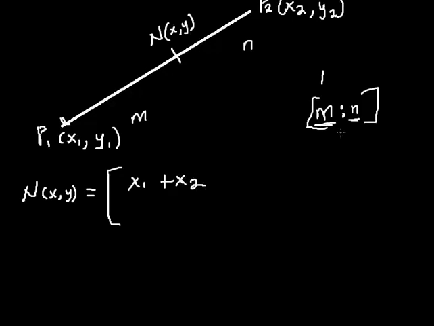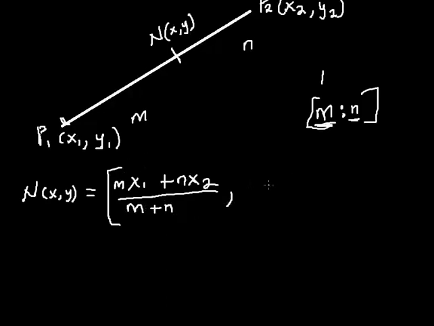The very first, m, is the coefficient of x1, because we are dealing with ratio now, and n will be the coefficient of x2. Then I divide by the total ratio. This one is for the x coordinate.